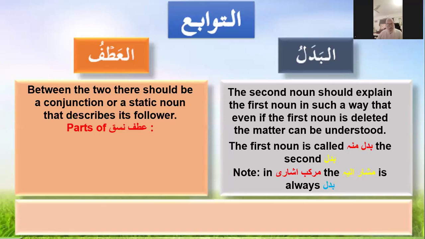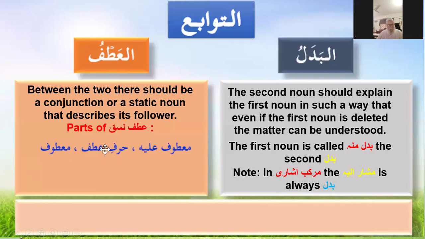What is the atf? Between the two, there should be a conjunction or a distinct noun that describes its followers. Parts of atf nasaq are matuf alayh, harf atf and matuf. The first noun is called matuf alayh.